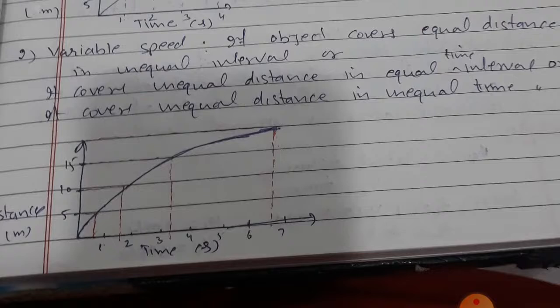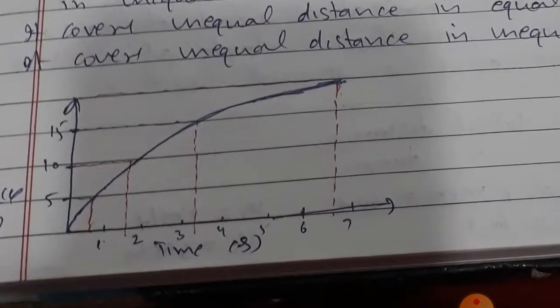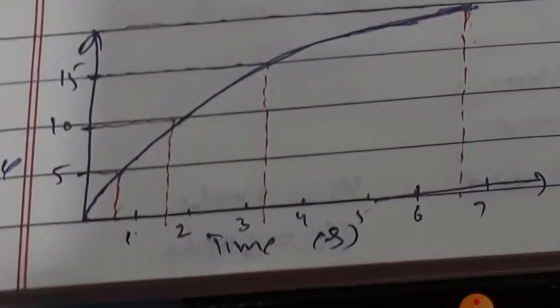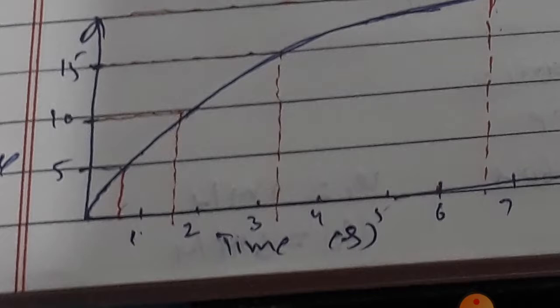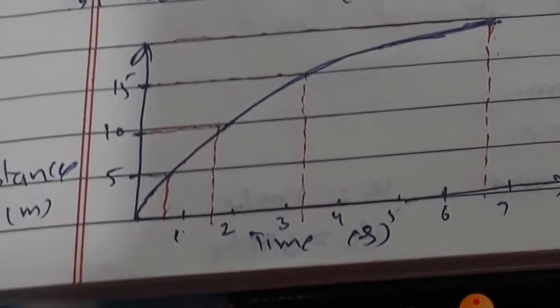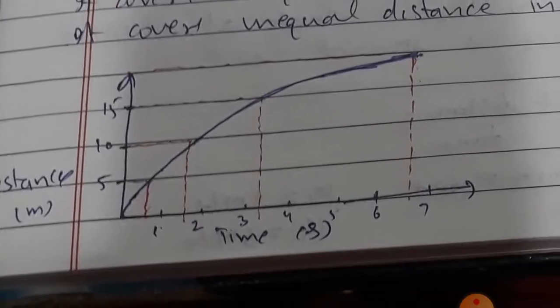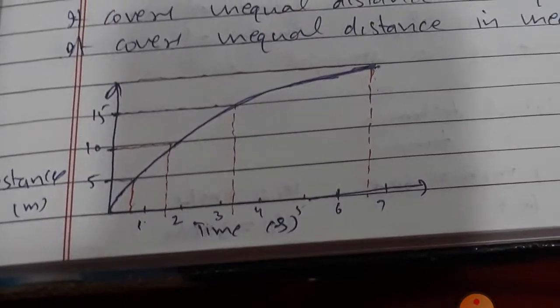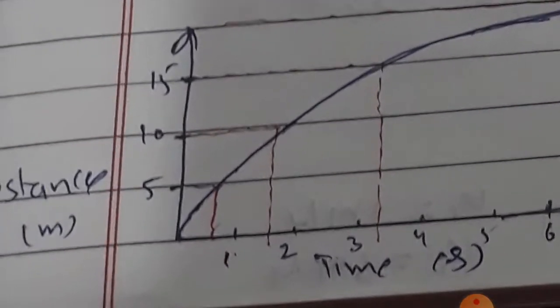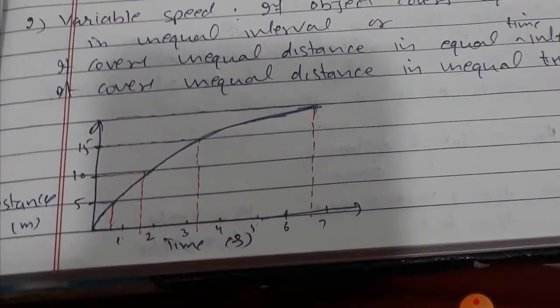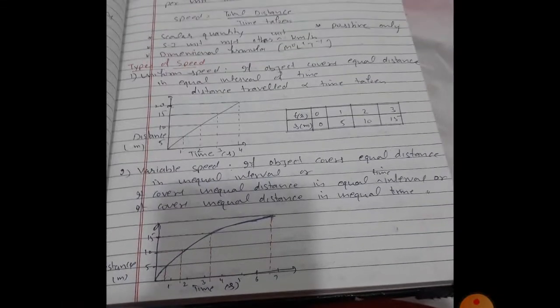If you focus along x-axis, on time axis, you can see that these intervals are not fixed, rather you can say these are not equal. These are unequal intervals of time when object covers equal distance. So this speed is called variable speed.